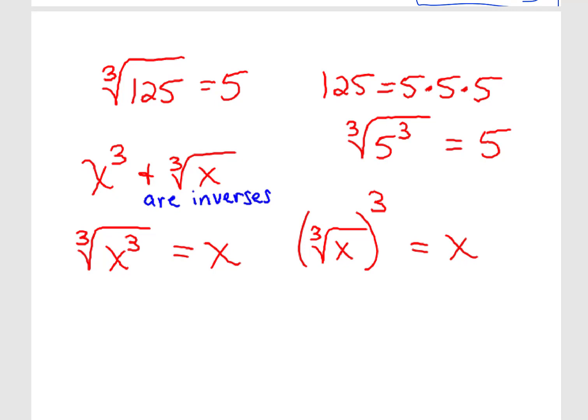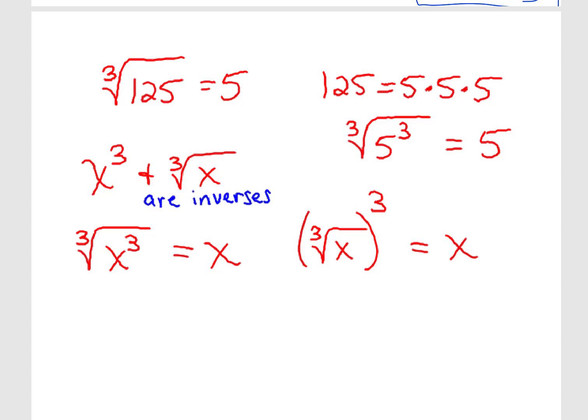Okay, so let's talk about the inverse operation of cubing a number or squaring a number, or finding the cube root or the square root of numbers. So the cube root of 125 is 5, right? Because 5 times 5 times 5, so 5 to the third power, is 125.